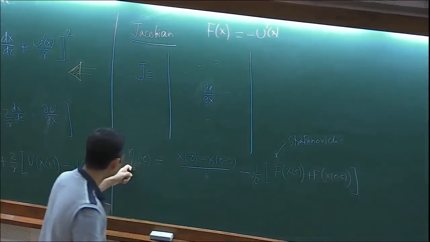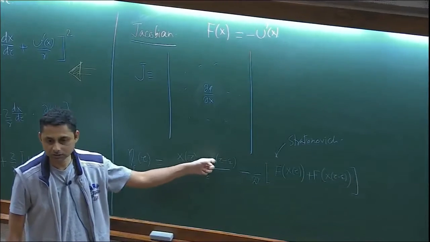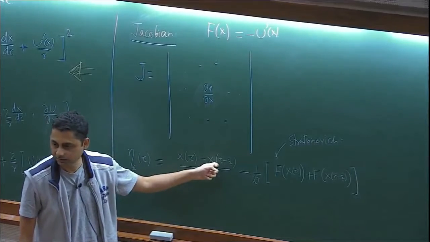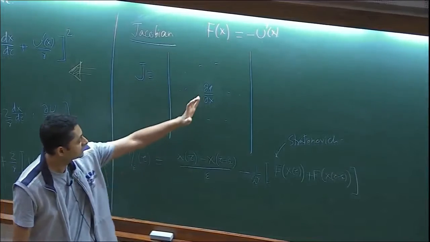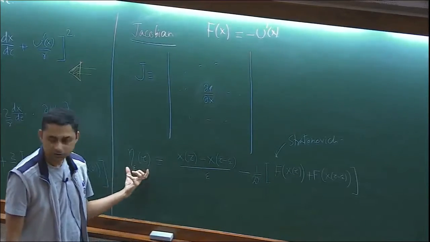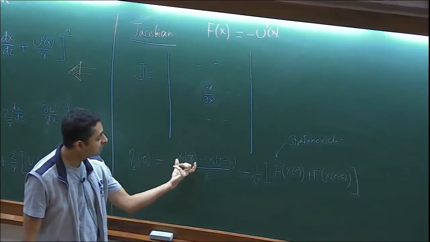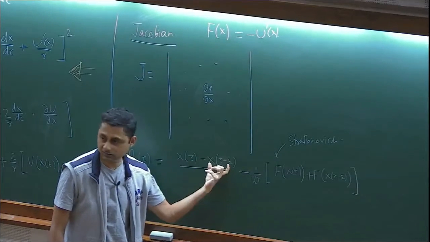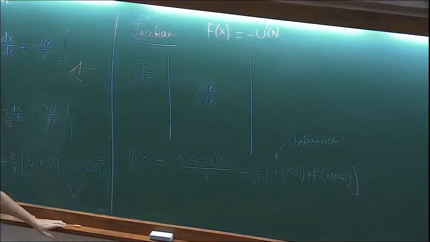Each eta at tau depends on x's at two times in this thing, right? Because I'm going to take the derivative with respect to these two x's, right? So for a given eta at some tau, what will be the non-zero elements? I can either take a partial derivative with x at tau, or I can take a partial derivative with x at tau minus epsilon, right? So it will have a diagonal element and it will have a lower diagonal row, right?